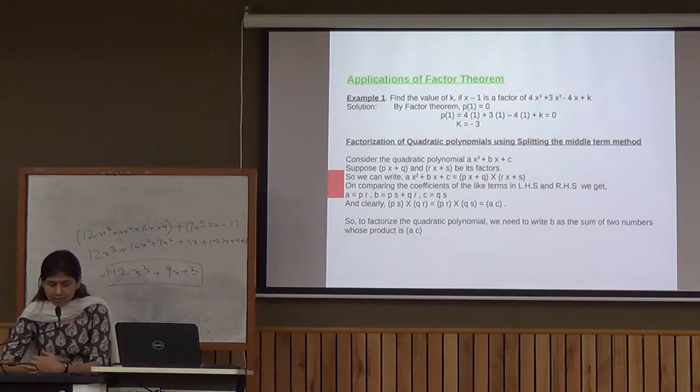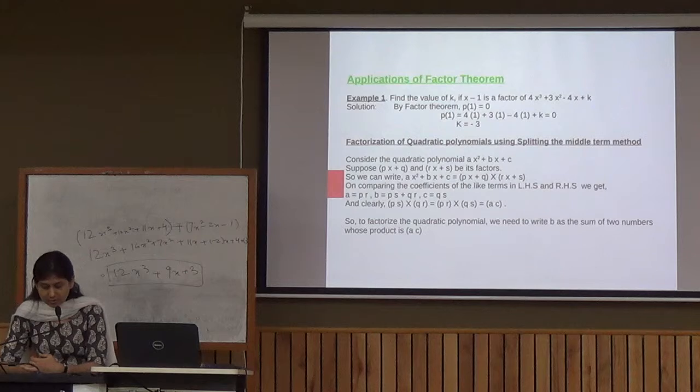Now, understanding factorization of quadratic polynomials using the splitting the middle term method. Consider the general form of a quadratic polynomial ax squared plus bx plus c, where a must be non-zero. Now here, suppose (px plus q) and (rx plus s) are its factors. So we can write ax squared plus bx plus c as a product of these two factors.